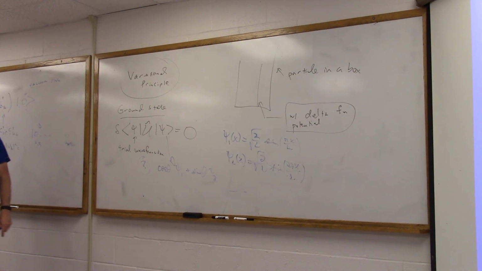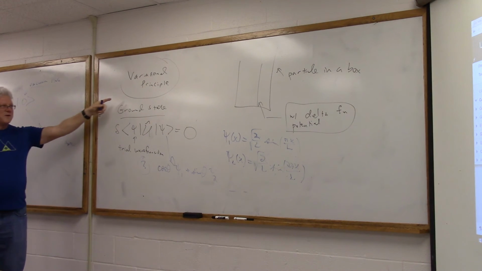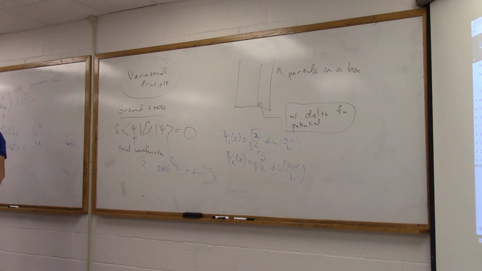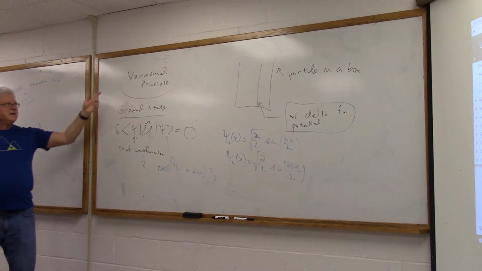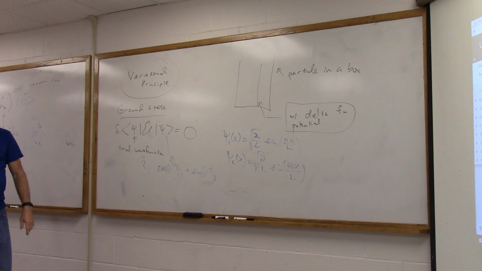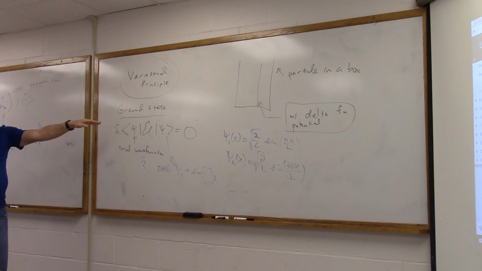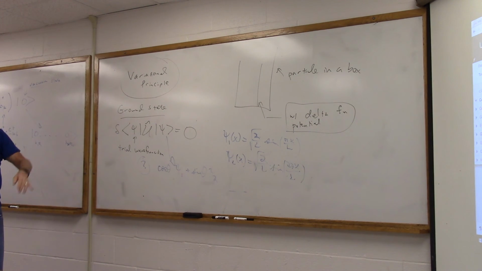And to my knowledge, this only works for ground states. So if you're trying to figure out the ground state for your system, then you can use this so-called variational principle. And so I'll go into more detail on that in the next lecture.